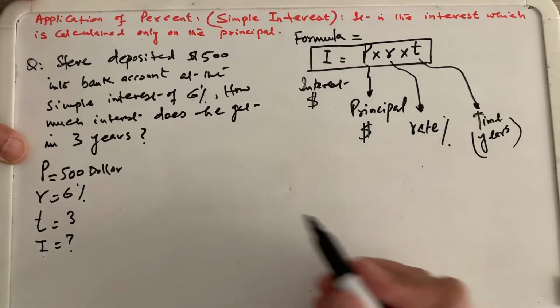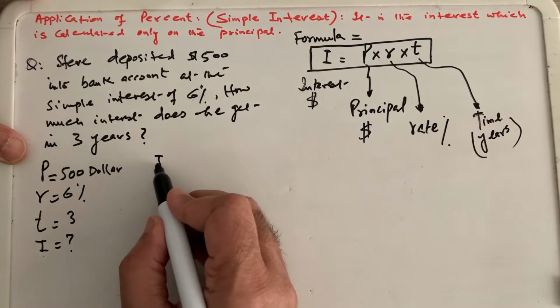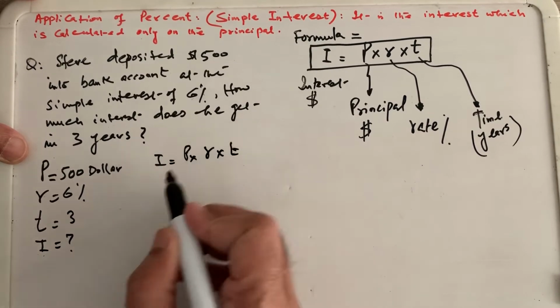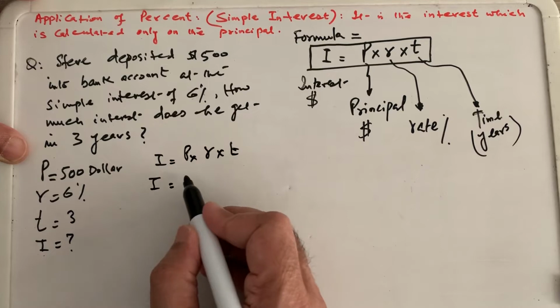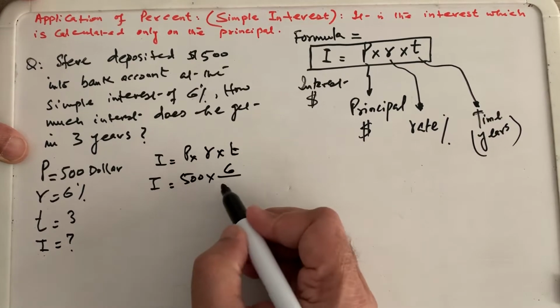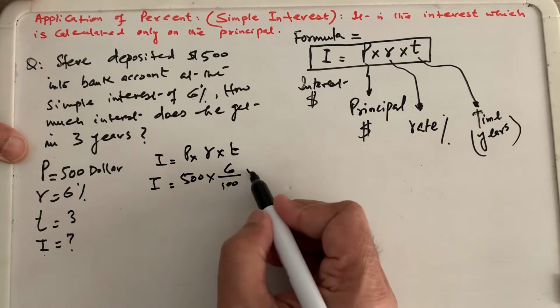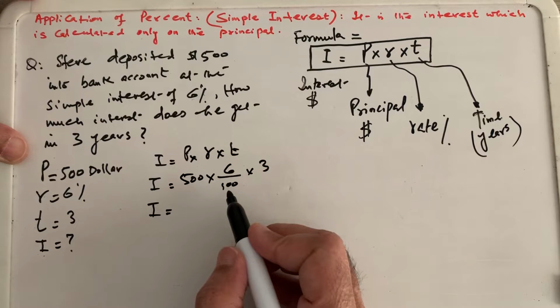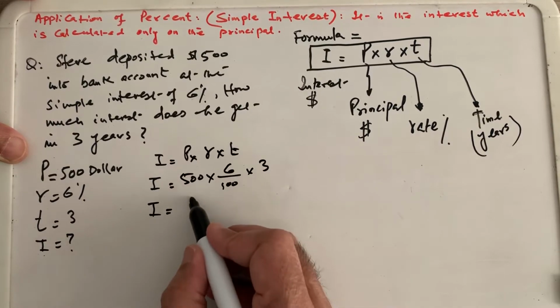So you can find interest by the simple formula I equals P times R times T. Interest will equal 500 times R, which is 6 divided by 100, times T, which is 3. If you calculate it by calculator, you will get $90, right?